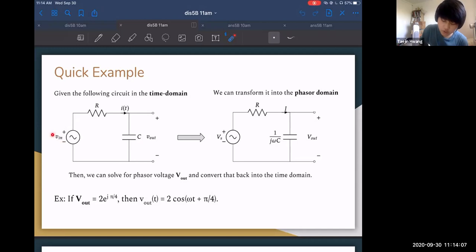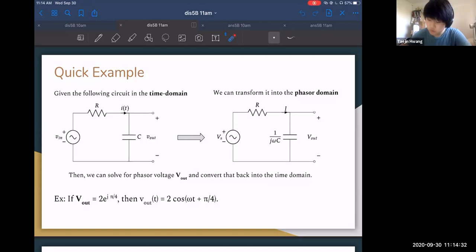The sinusoidal voltages all become their phasor equivalents, and then all the resistors, capacitors, and maybe inductors become R's, 1 over j omega C's, and j omega L's. So we're just converting everything into the nice phasor domain where we don't think about time. And then we solve for everything we want to solve for.